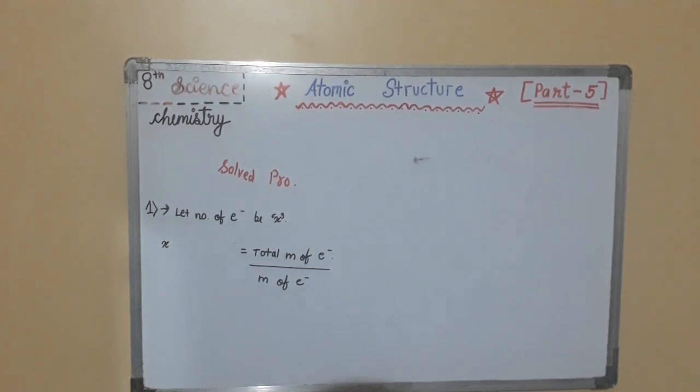So the total mass of electrons is equal to 1 gram, and we know that mass of one electron is equal to 9.1 into 10 raised to minus 28 grams.